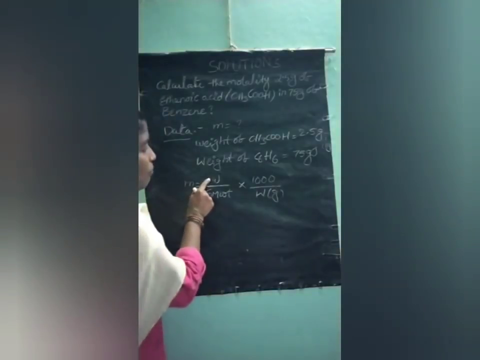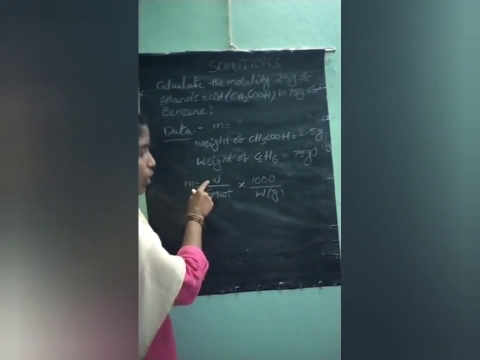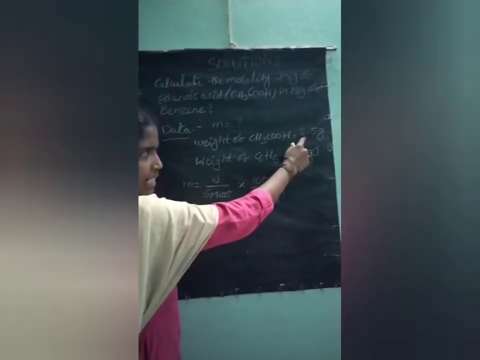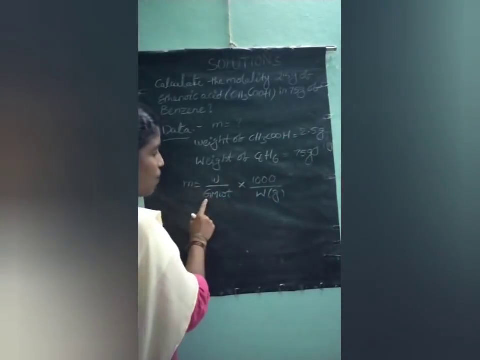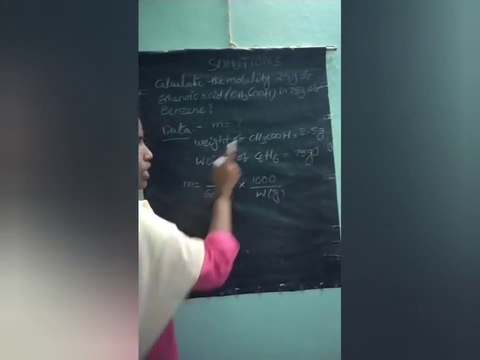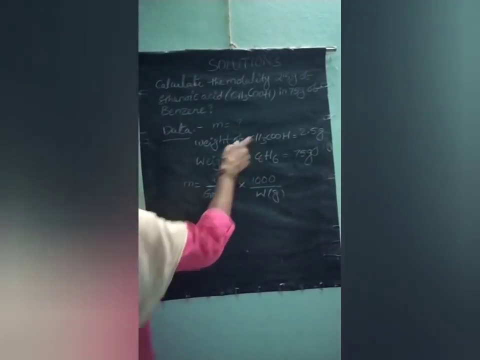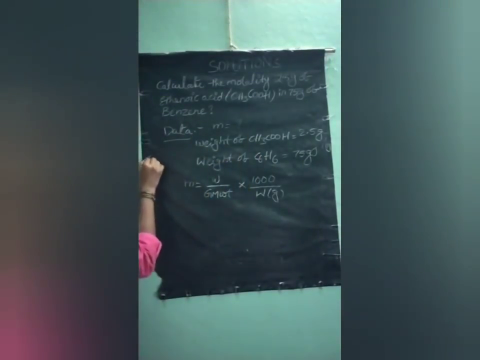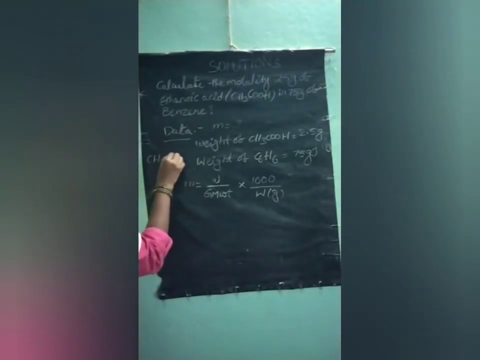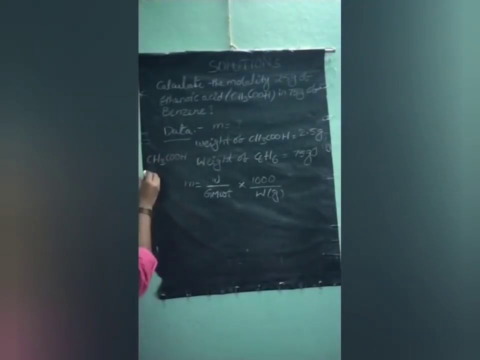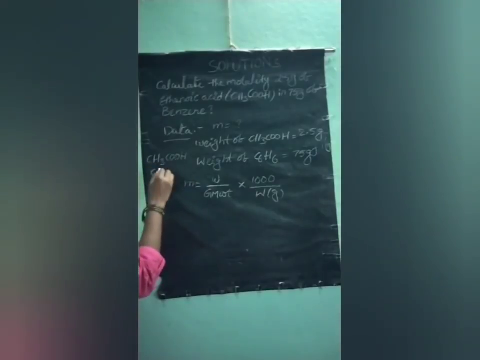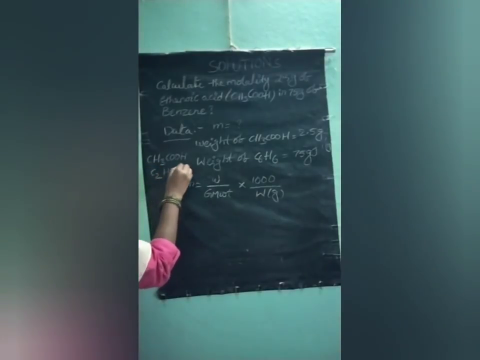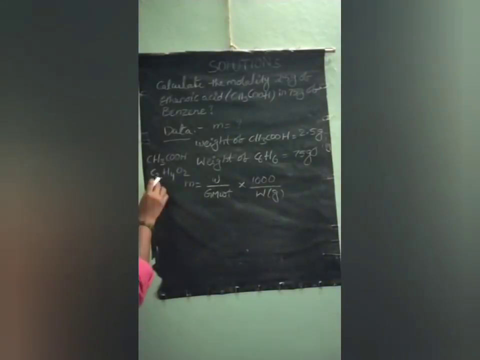This is the formula for solving this problem. So the weight of this ethanoic acid we know, that is 2.5 grams, and the gram molecular weight of the solute, that is ethanoic acid, the molecular formula is CH3COOH. So 2 carbons are there, C2, and 3 plus 1, 4 hydrogens, and 2 oxygens. By using this molecular formula, we calculate the gram molecular weight.